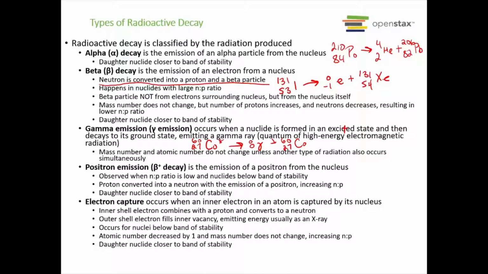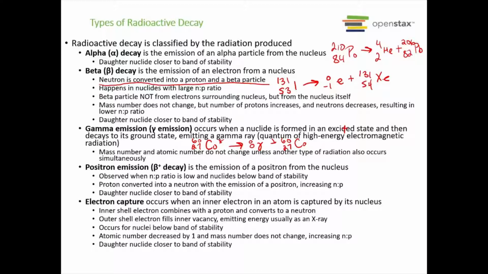The next type is positron emission, or beta plus decay, and this is the emission of a positron from the nucleus. This is observed when you have a low neutron to proton ratio and your nuclides are below the band of stability.